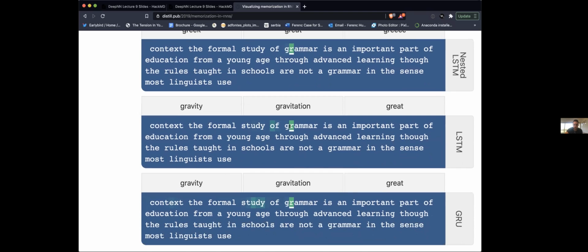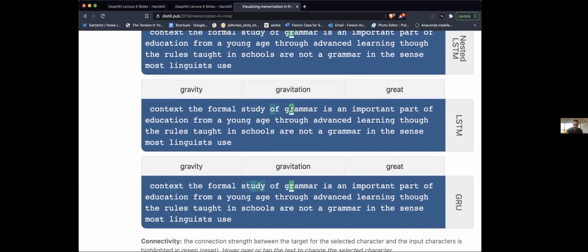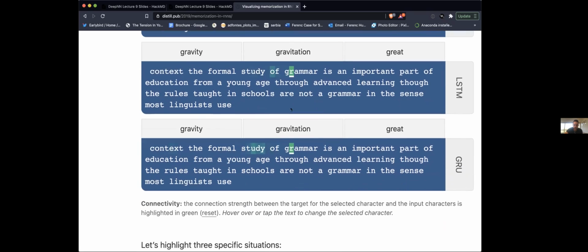However, with this other architecture, the LSTM, and the GRU network, which is at the bottom, you can see particularly visually with the GRU network that when it tries to predict how to complete this word, it's going to look back in its memory, particularly where it stored the fact that we were talking about the study of something.